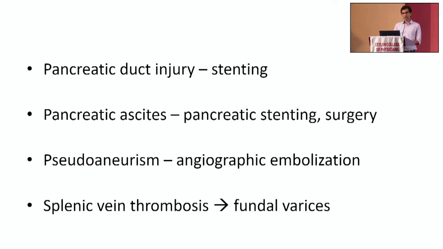Before drainage of the pseudocyst, treatment of the pseudoaneurysm is indicated because there is an increased risk of rupture. In splenic vein thrombosis, the role of anticoagulation is doubtful. However, these patients are more prone to develop fundal varices.